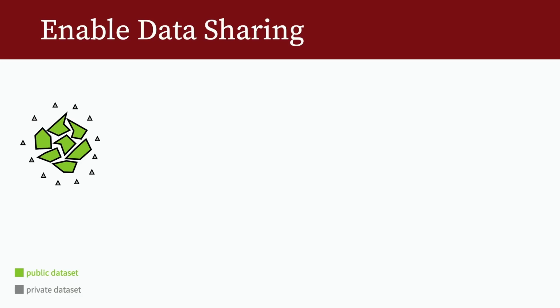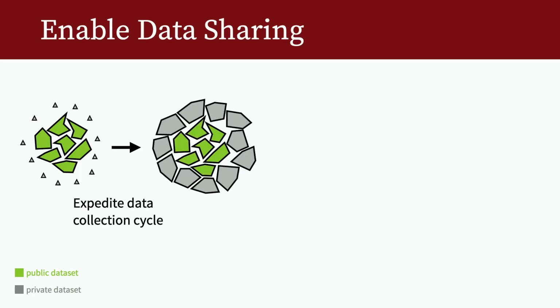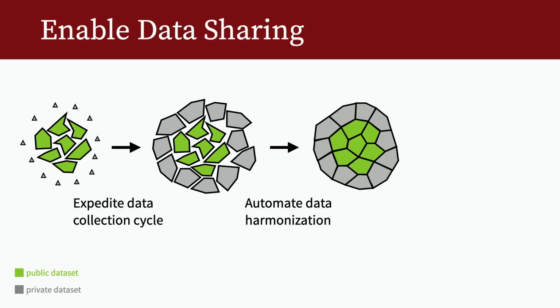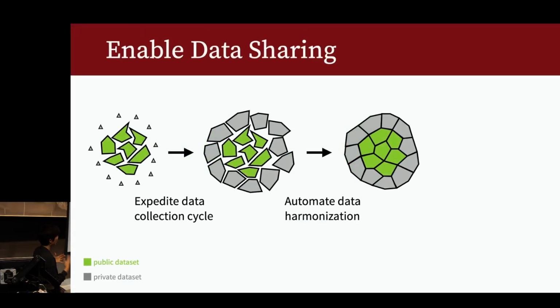And because AddBiomechanics is fully automated, it can expedite the data collection cycle from days to minutes. And that gives researchers the chance to capture more data more easily and quickly. And because AddBiomechanics handles this entire data processing pipeline, the output data is by default harmonized and compatible with machine learning tool chains.